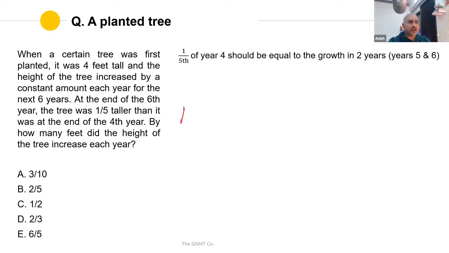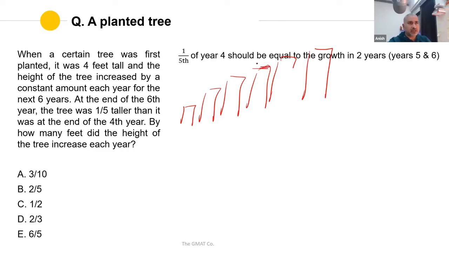So whatever the height was at the end of the 4th year, year 1, year 2, year 3, year 4, year 5, year 6, how much was the growth from that point? This growth was nothing but 1/5 of the height at the end of the 4th year. So 1/5 of this much was added on top. We can think of it that way, and that's how we got to the end of the 6th year.